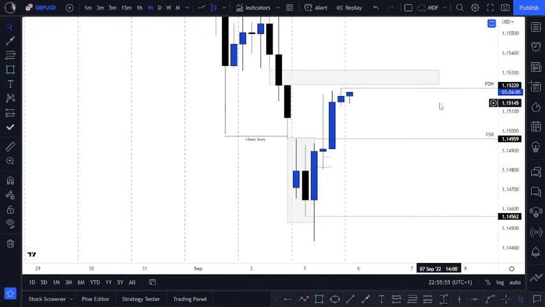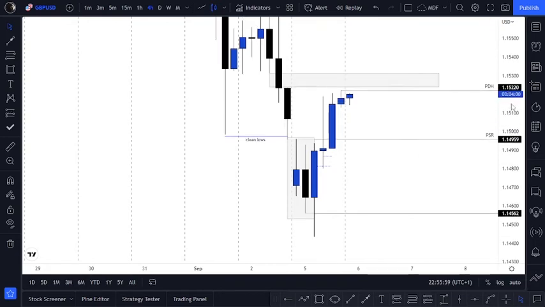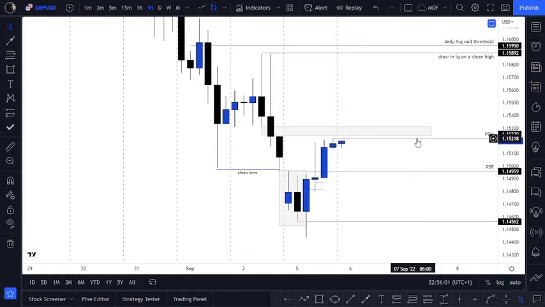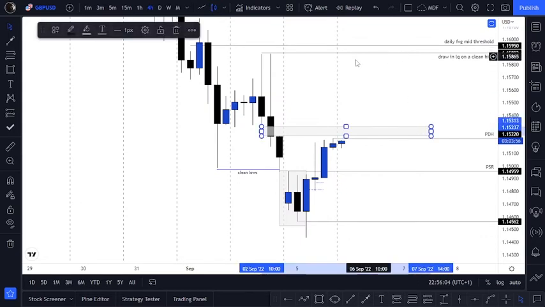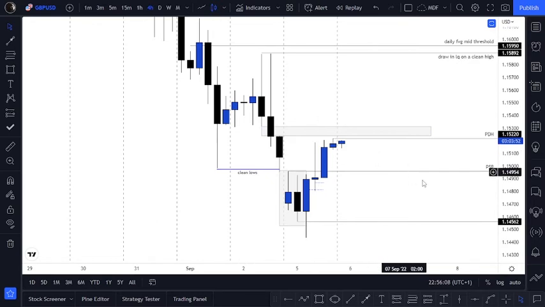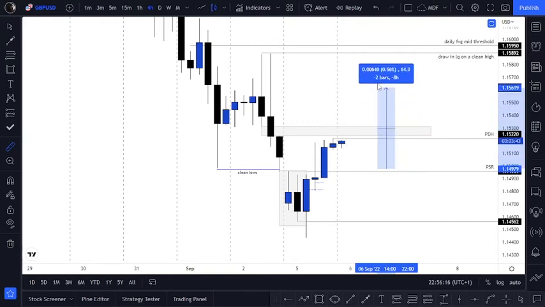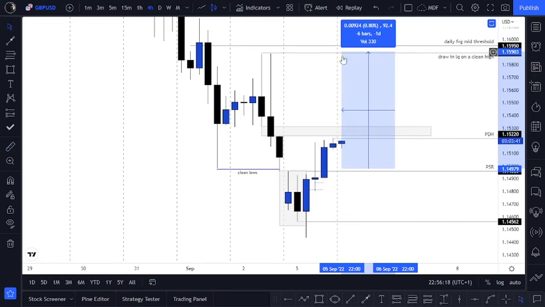So we might see price trading off from here, then probably coming to this region, then that's where I would be looking for opportunity to long GBP/USD. If I can get a good opportunity to long GBP/USD around 1.15000, I will, just like I told you guys. If everything is met up, then I'll be looking to ride it down to this liquidity here.